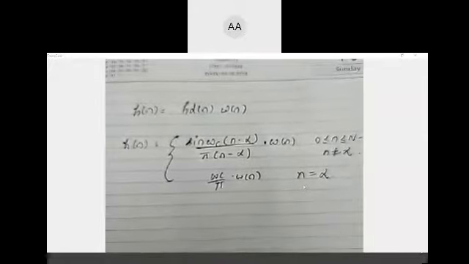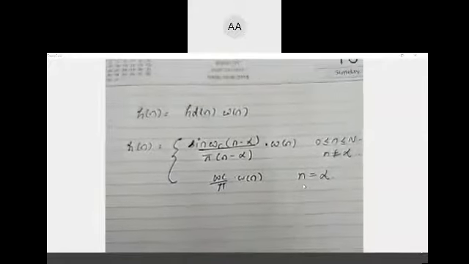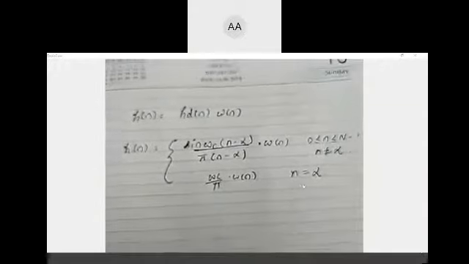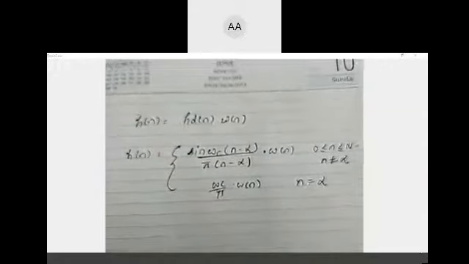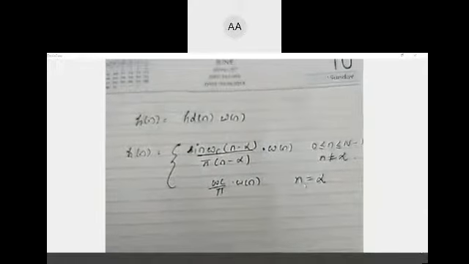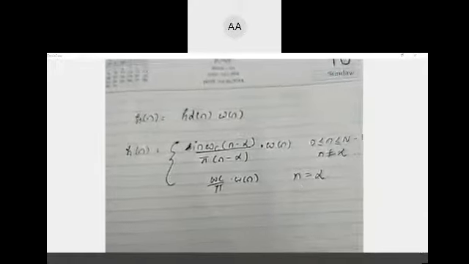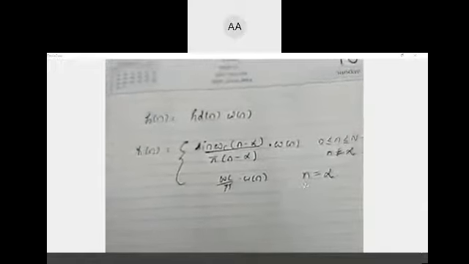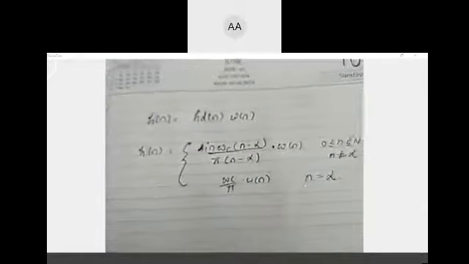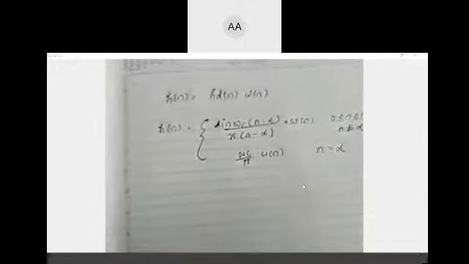By truncating the impulse response, because the necessary and sufficient condition for linear phase is that your impulse response should be finite, and the second thing is that h of n should be symmetric or antisymmetric in nature. By default, you will draw the waveform like this. Symmetric and antisymmetric, and how you get your hd of omega in the frequency domain, that proof we will see.